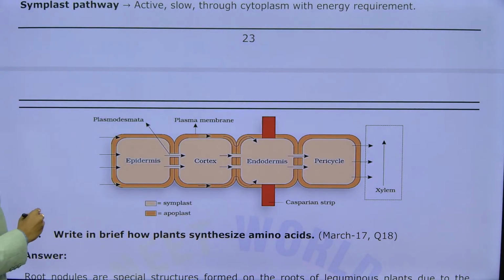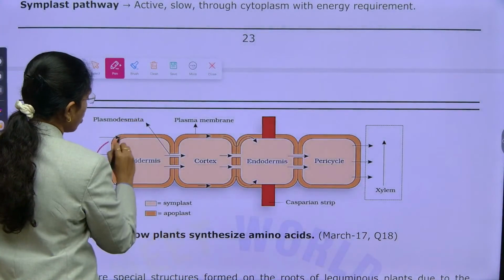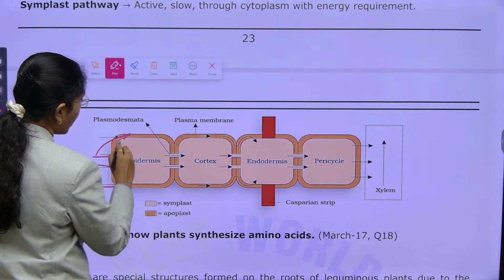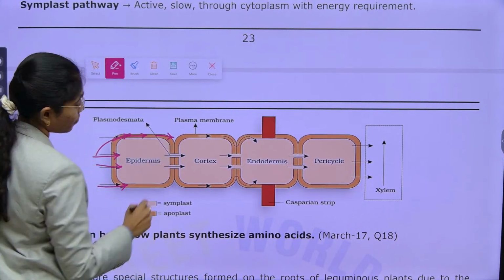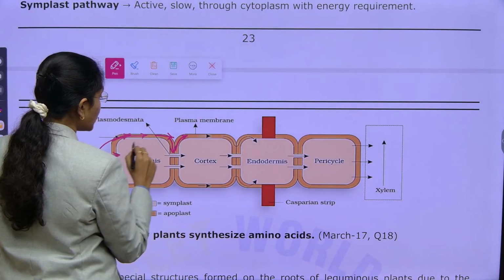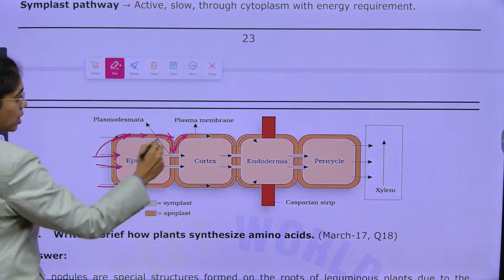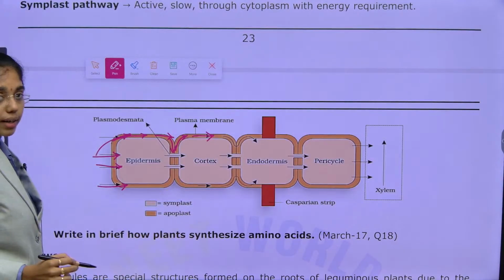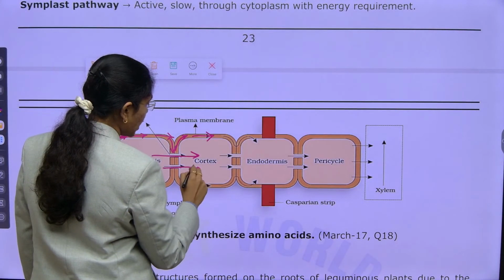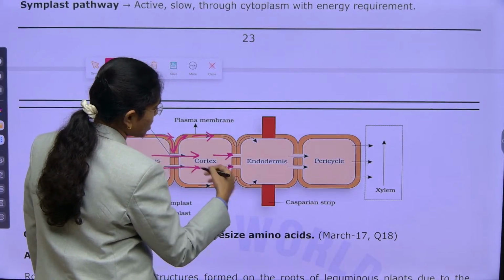First, from the root hair epidermis, water is transported both intracellularly and in between the cell walls. Movement of water through the cell walls is addressed as apoplastic movement. Movement of water across the cytoplasm of the cell is addressed as symplastic movement.